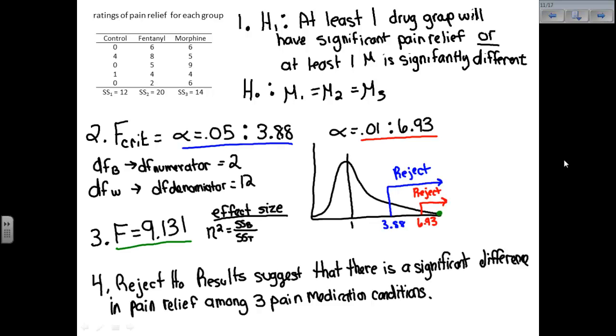So we have 70 divided by 116. And you end up with an eta squared of 0.603. So this would be a very large effect. And we could say that 60.3% of all the differences in pain relief can be attributed to which group that participants were in.